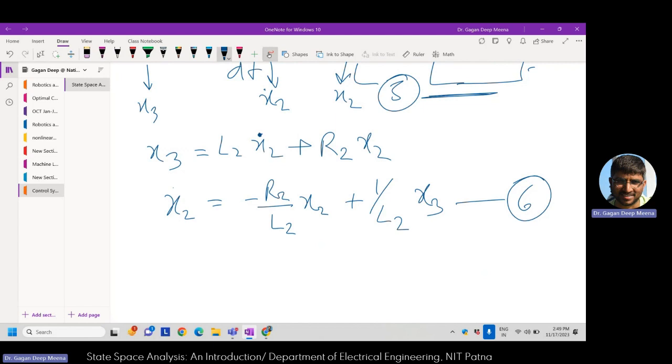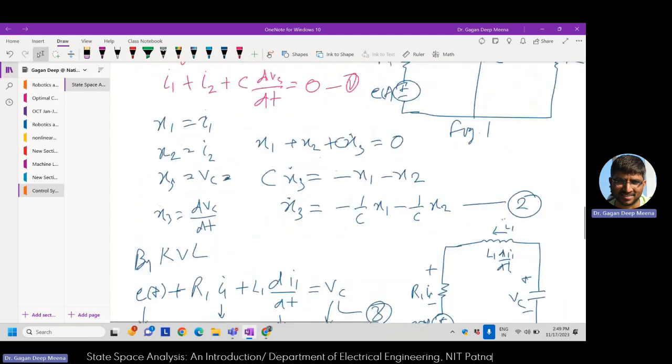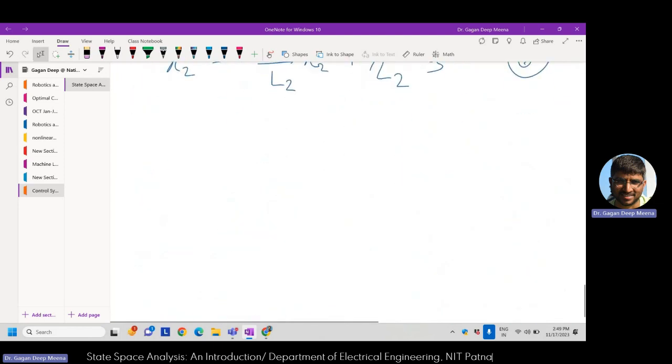So now I can combine equation 6, equation 4 and equation 2 together and write the final set of equations.